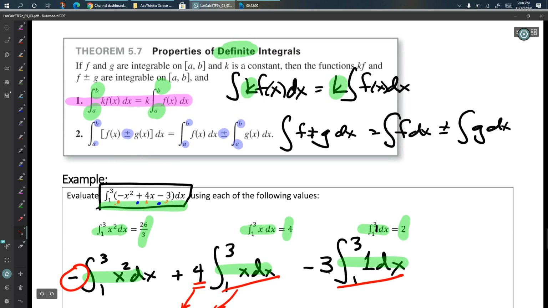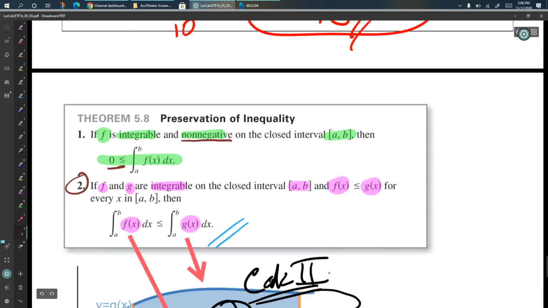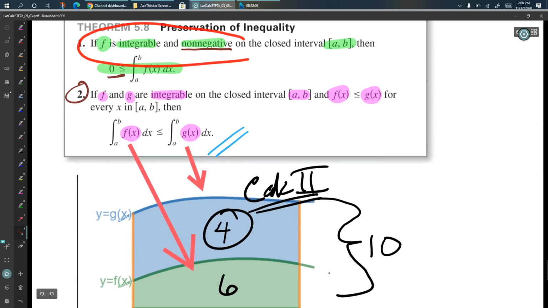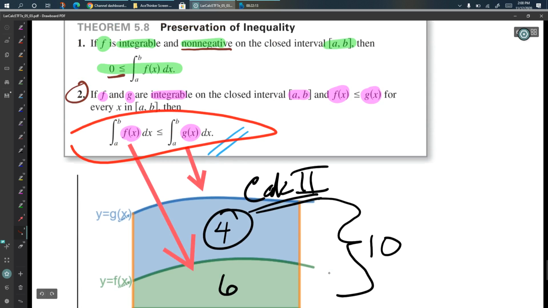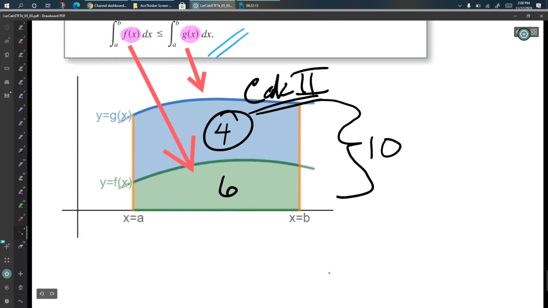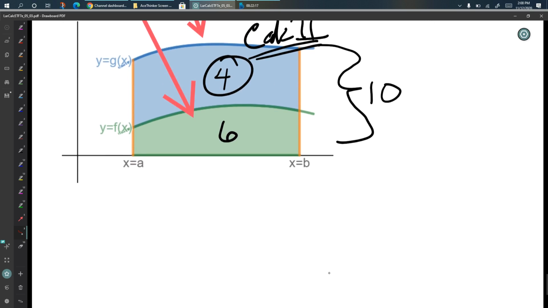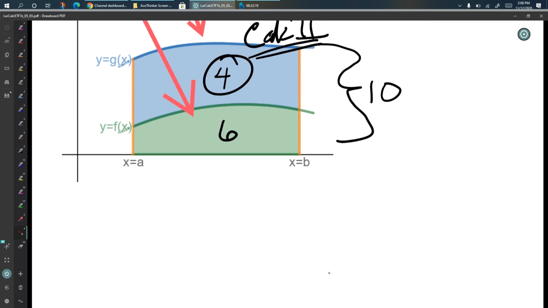If you have addition that's causing you trouble, rip it apart. If f never goes negative, the integral can't be negative. If g is bigger than f, the integral for g better be bigger than f. And that brings us to the end of section 5.3.